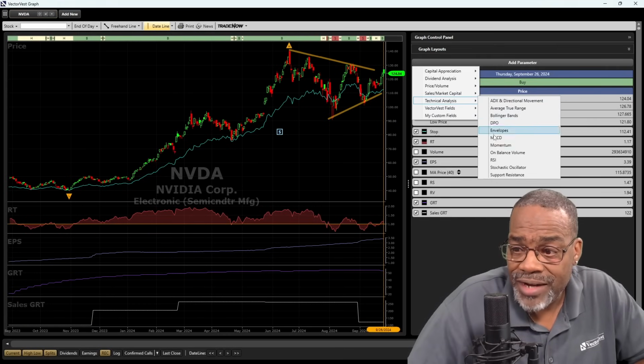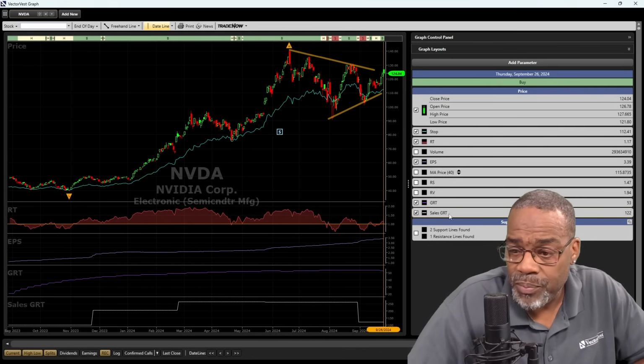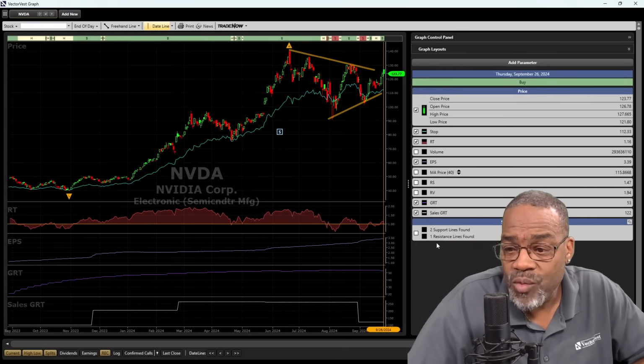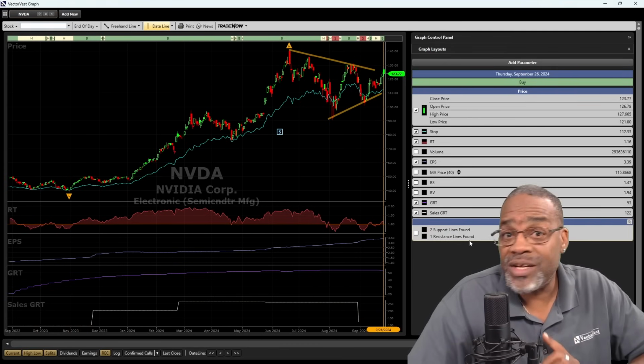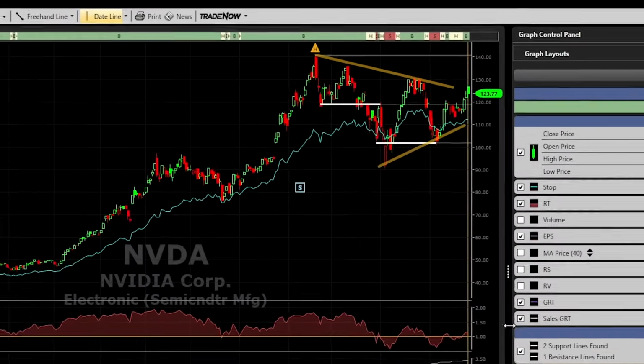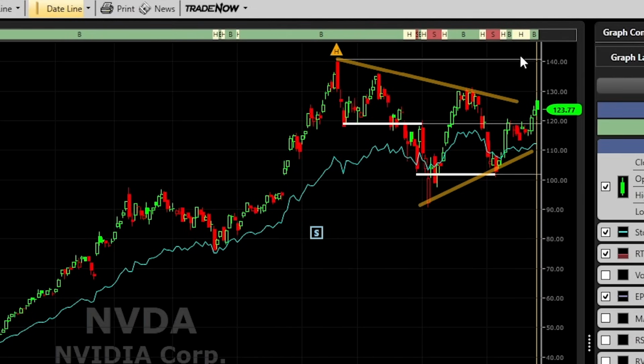I'm going to find Support Resistance and click on it. It will now add support or resistance to the side of my graph. And you'll notice automatically it found two support lines and one resistance line. We don't see them yet until we click the box. Boom. There's our one line of resistance and our two lines of support.